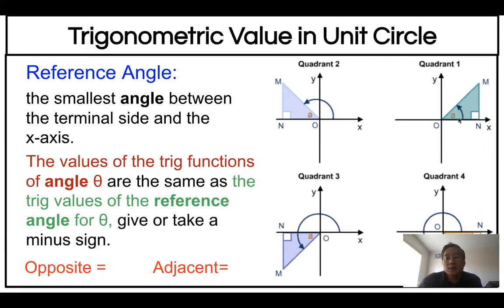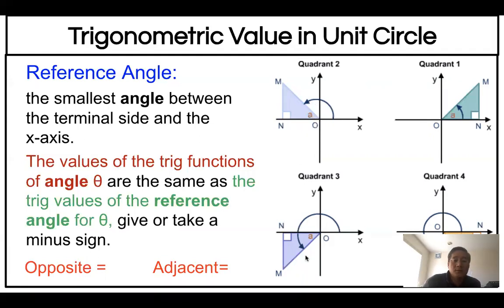But if you have a point M in quadrant 2 here, your angle is bigger than 90 degrees, right? Then you need to use the reference angle. How do you find it? 180 degrees minus the original angle, when your point is in quadrant 2.